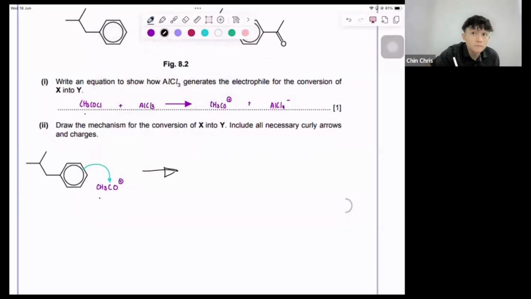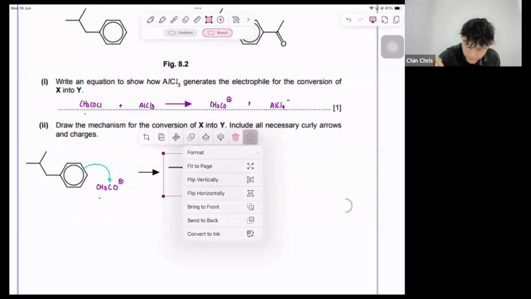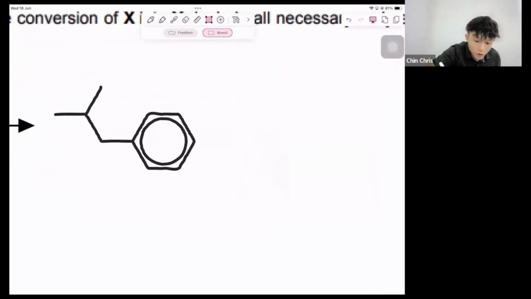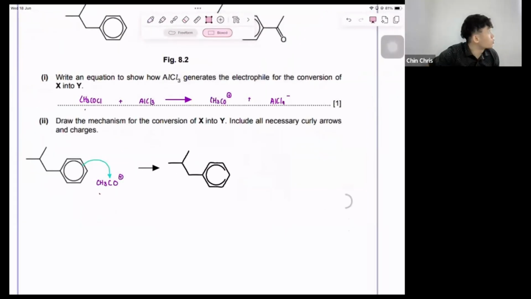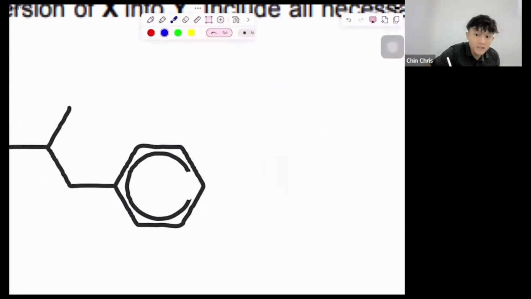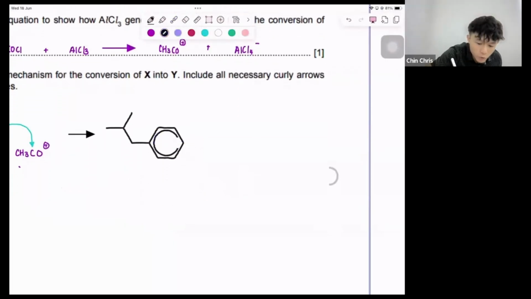Now the ring will be broken. You break towards the carbon that you are substituting into. Don't randomly break here. You are substituting into this side, so it's going to be C double bond O, CH3.